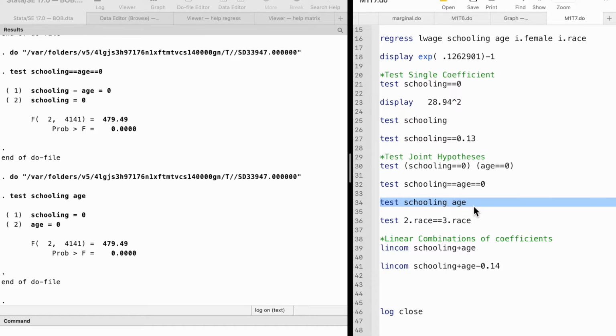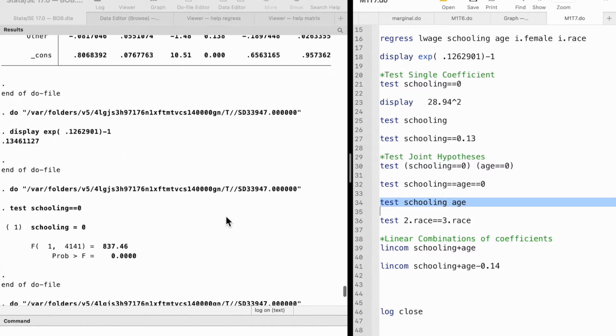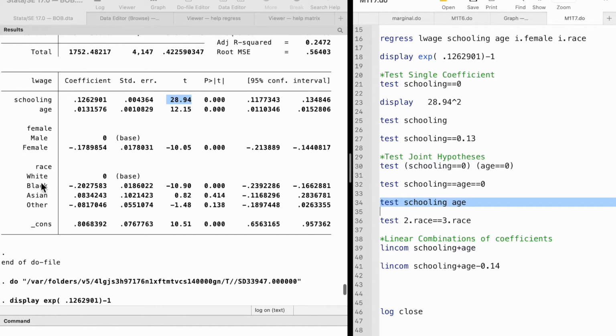Another thing the test command can do is to test whether two parameters are equal to each other. For example, there were 4 categories of race in the data: white, black, Asian, and other. The white workers are the base group in the OLS model.